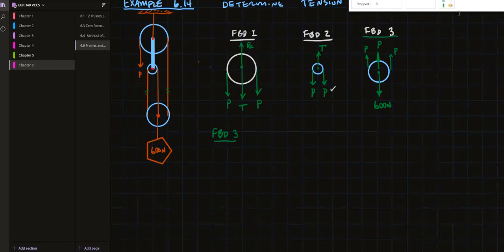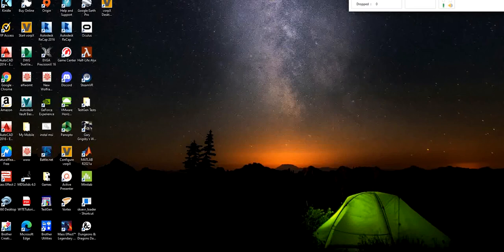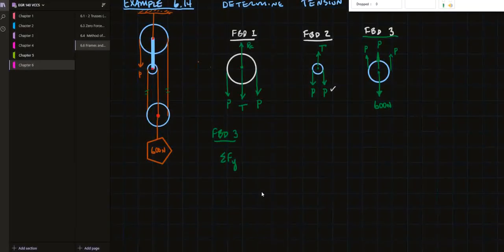So from free body diagram number 3, I have the sum of forces in the y direction equal to 0 equals 3P minus 600. Therefore, P equals 600 over 3, or 200 newtons.